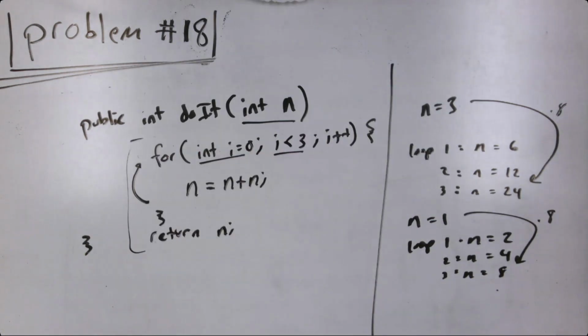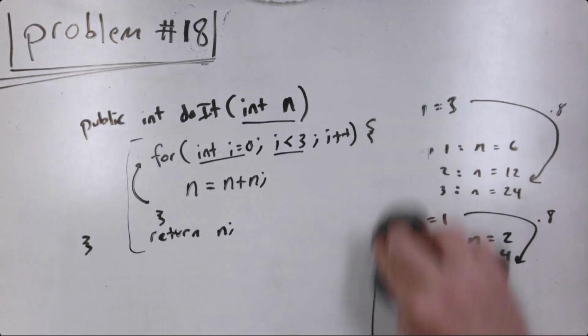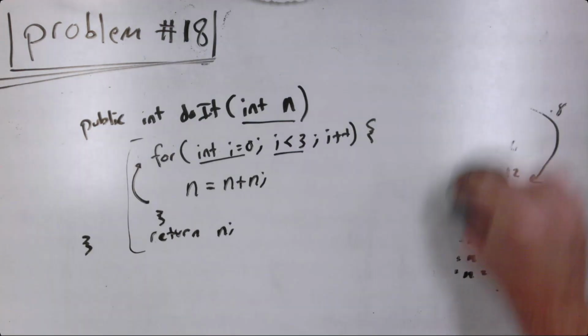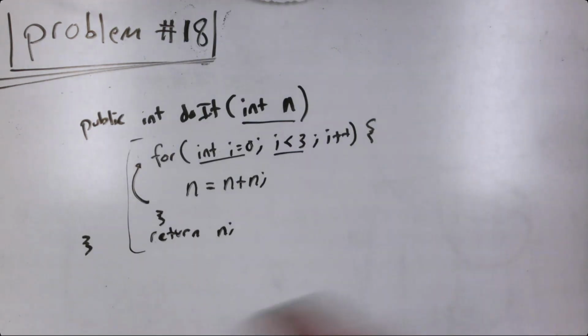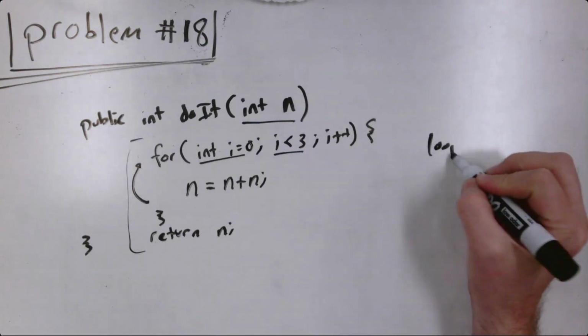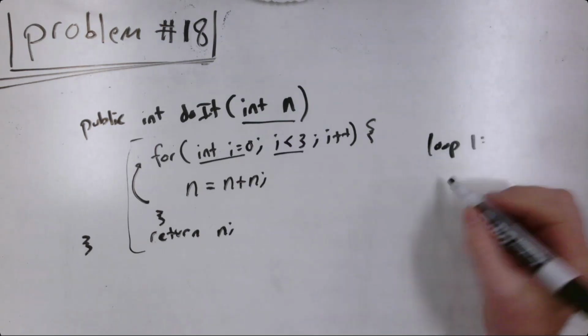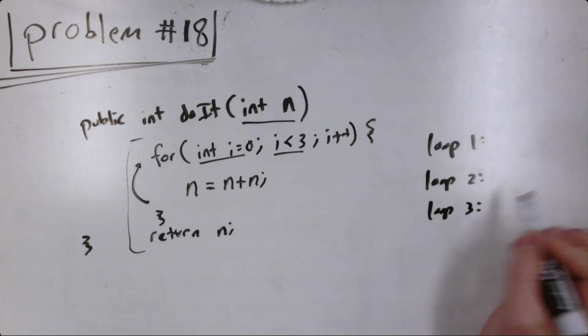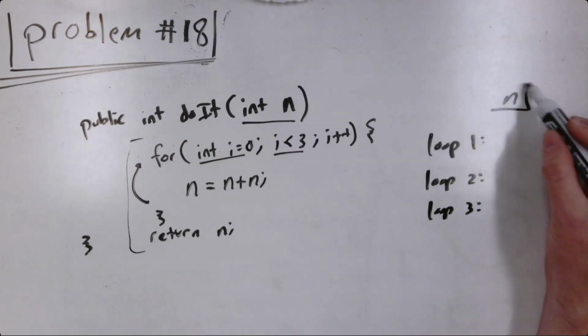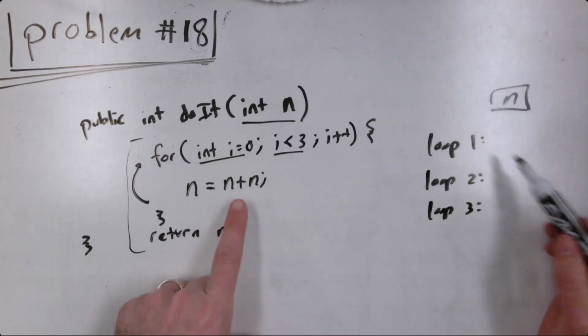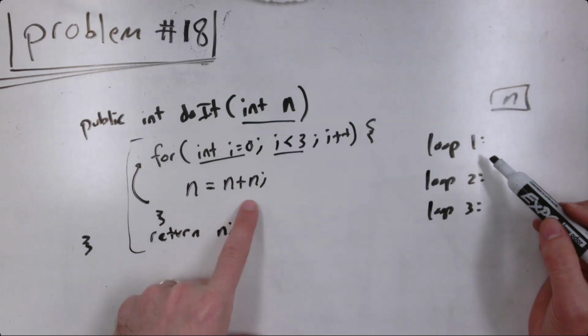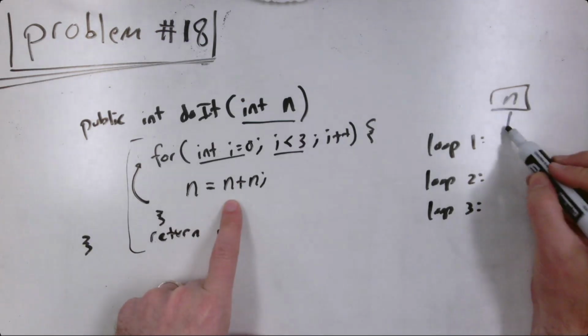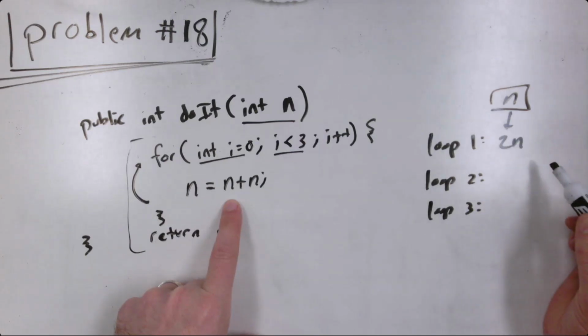Okay, what's a different way of thinking about this? Instead of plugging in a number for n, let's think about it in general, just keeping n as n. So if n starts out as a value n, in the first loop we replace it with n plus n, which is 2n. So n gets replaced with 2n.